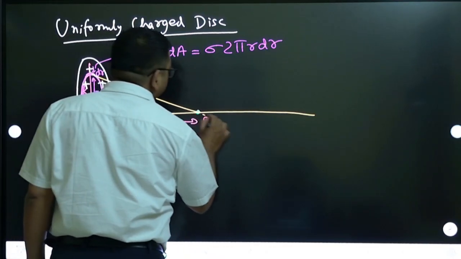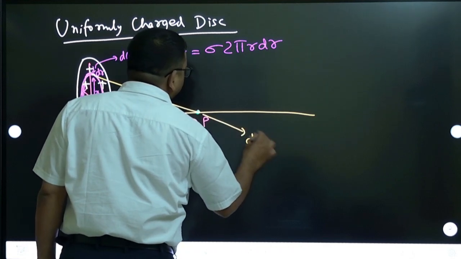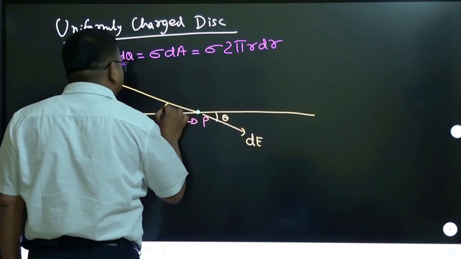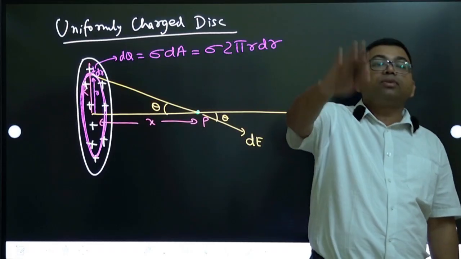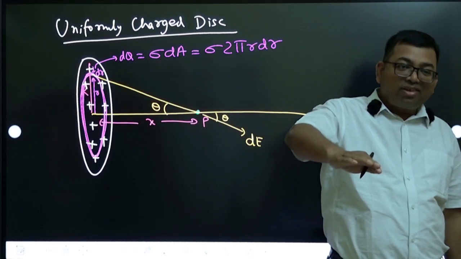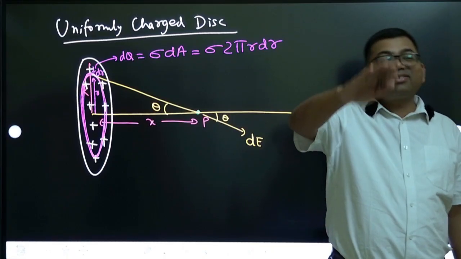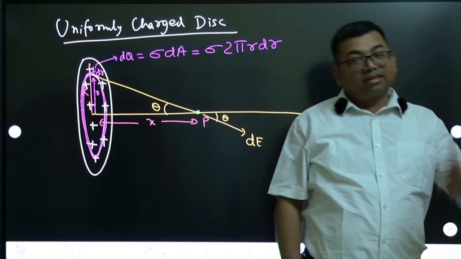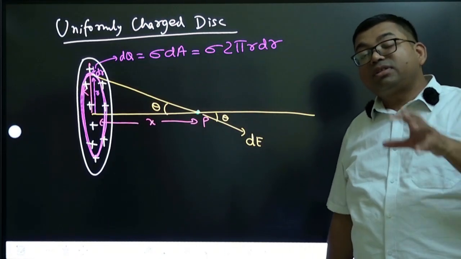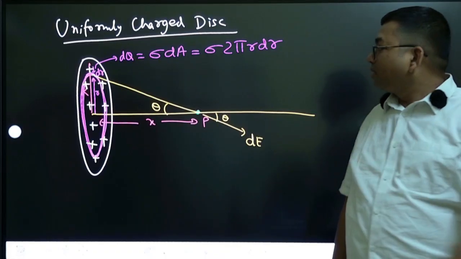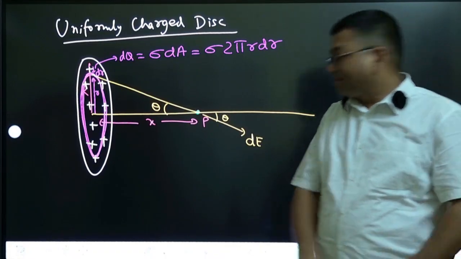This field is like dE, and you can take this angle theta, but this time theta is variable. Note that the ring which you are taking goes from angle 0 up to the maximum angle, up to the final radius capital R. So theta cannot be constant here.